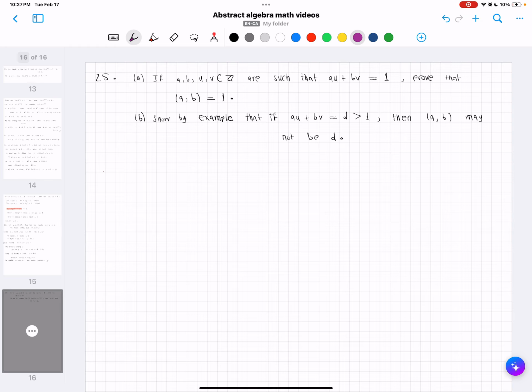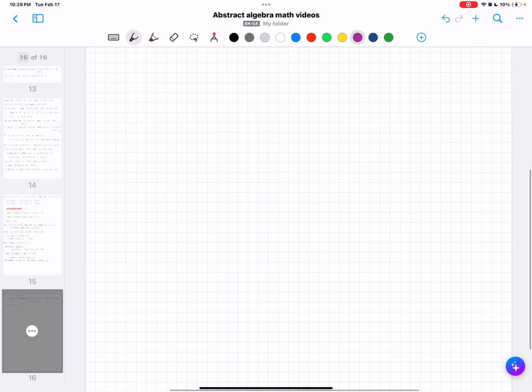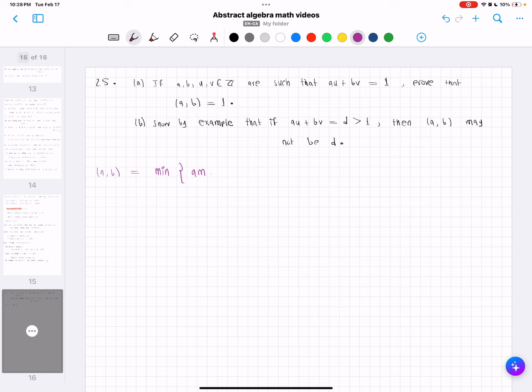So here, remember the GCD between A and B is, by how we constructed it, equal to the minimum of the following set, where we consider the minimum with respect to positive elements: the set AM plus BN, where AM plus BN is bigger than 0.